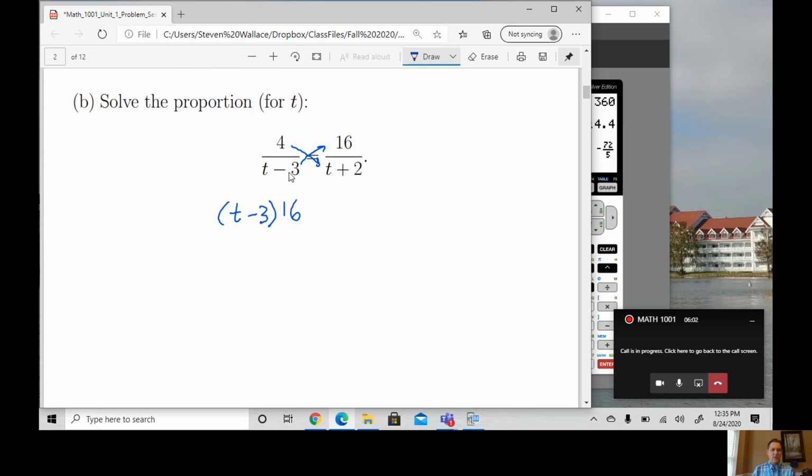So the whole quantity t minus 3 is multiplied by 16, not just the 3 or not just the t, okay? 4 is multiplied by the whole expression t plus 2, okay, which means we have to distribute 16t, and negative 3 times 16 would be negative 48.